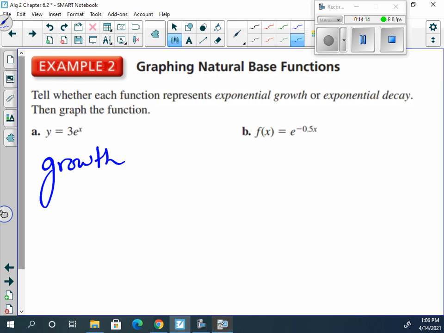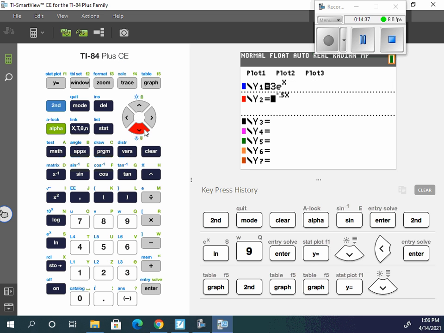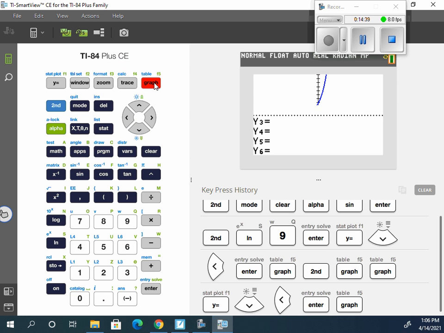How about B? Would it be growth or decay? It would be decay because our exponent is negative. Now if we were to look at the graph of this, we would get this function here, and as we go from left to right, the function is decreasing.